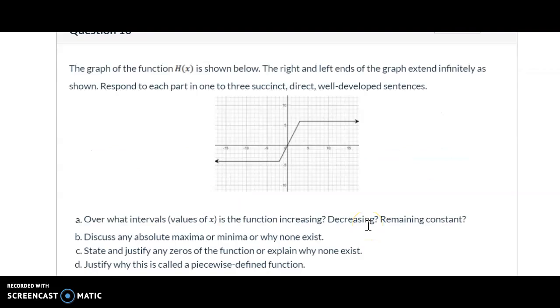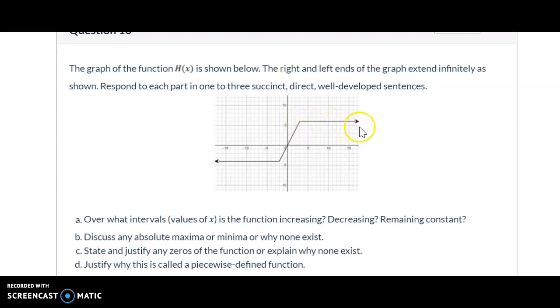And finally, this last question, you're going to talk a little bit about this graph and the behaviors of the graph, the intervals of its increasing or decreasing, or where it's remaining constant. If you notice, from (-2, -4) to (3, 6), that is increasing. By the way, we read graphs from left to right, so that is the increasing part of the graph.